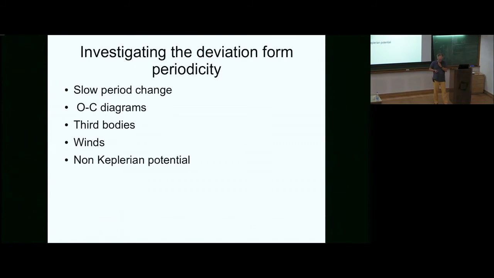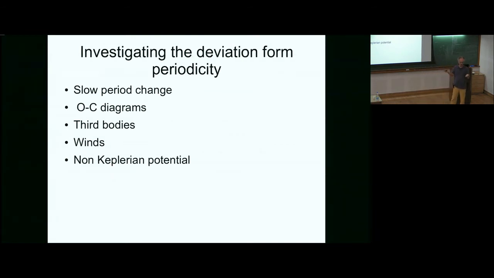Now, once we have all of these, we can observe deviations of the behavior of binaries from the periodicity. So we have some slow period changes, observed with observed-minus-theoretical diagrams, and the periodicity can differ from being constant due to various factors.